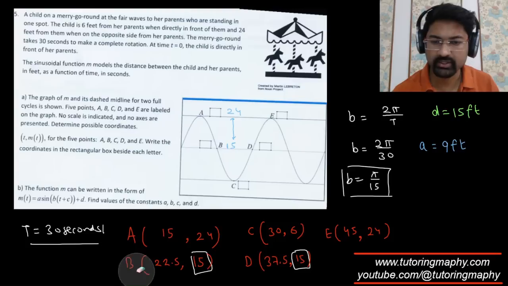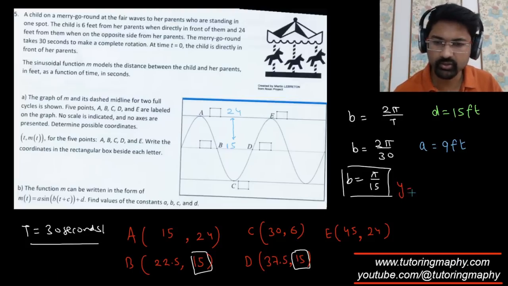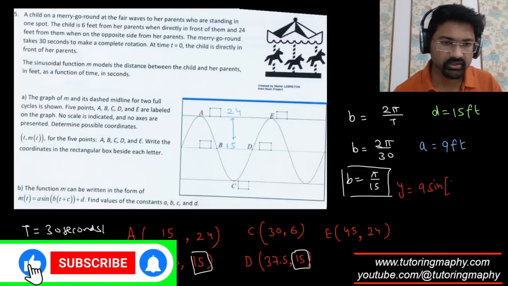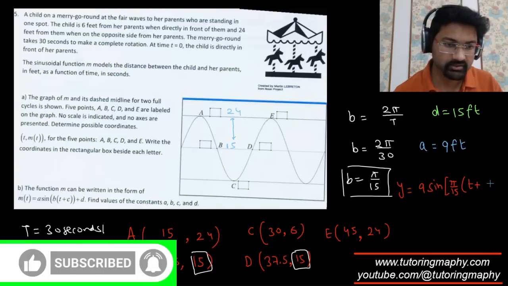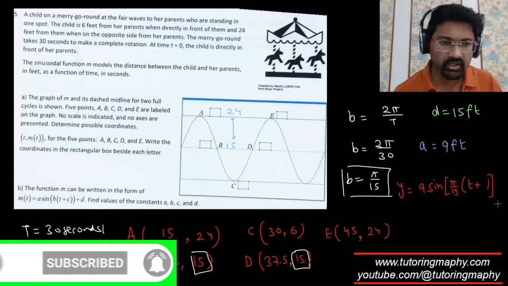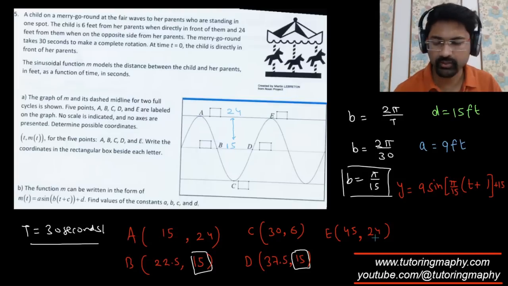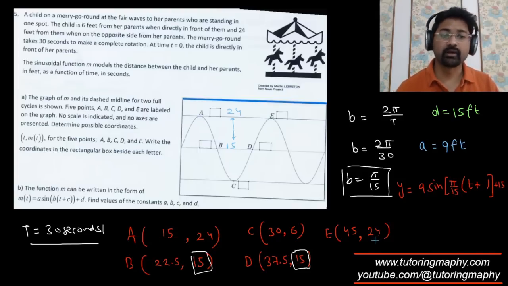If I have some space left, well, that's a challenge. Okay, I'm going to write over here. So y is equal to a, and a is 9, sine of b is pi over 15, and t plus something is going to come here, and plus 15 over here. All right, this is what I have now.